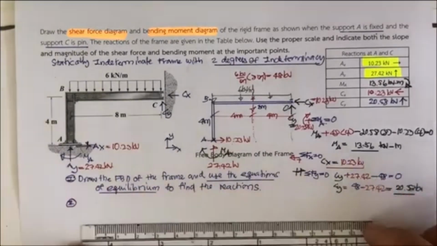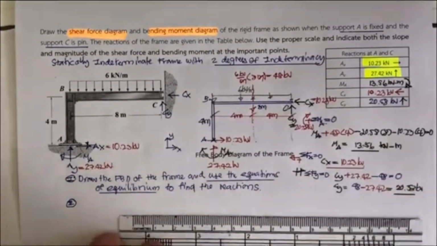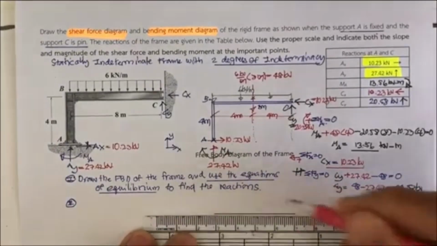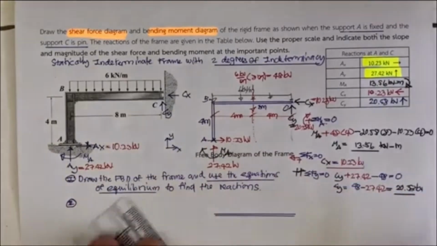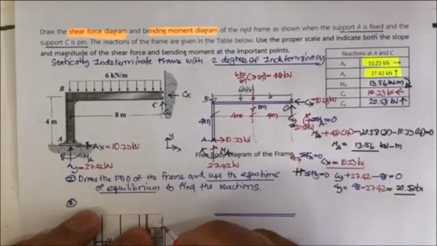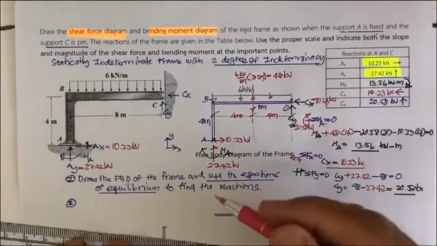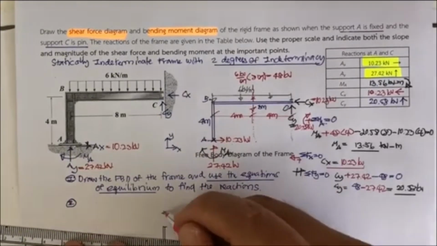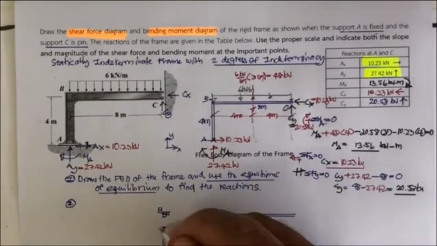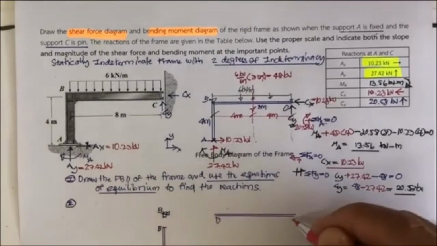Next, we are going to separate the frame into two pieces. This is going to be the beam, and this is going to be the column. And also you have the joint. This joint is going to be joint B, and these are going to be AB and BC.